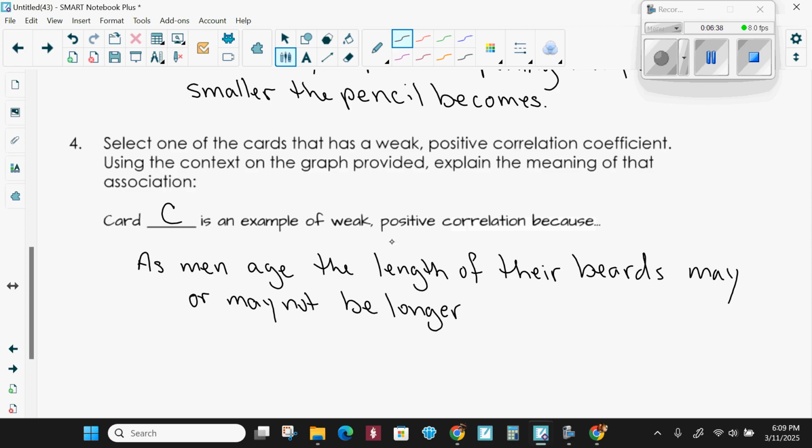Okay, so that's just explaining the association because they're aging. Some of them their beards are longer, some of them are not. Just all depends on their beard.